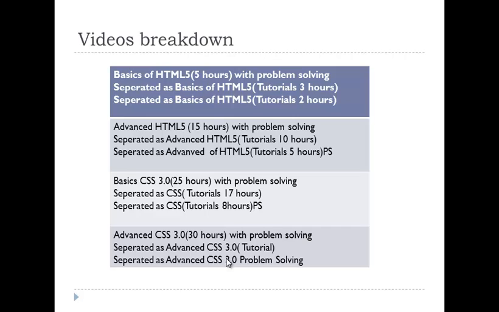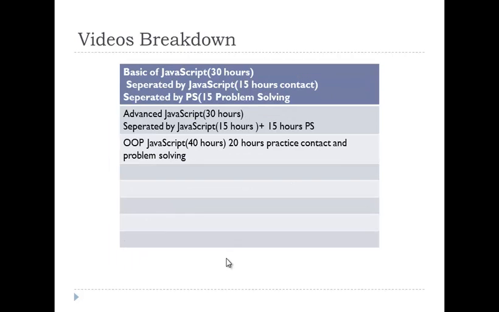It will be 5 hours, which I will break down as basics of HTML5, 3 hours tutorial, and problem solving for 2 hours. Similarly, HTML5 advanced 15 hours, basic CSS 3.0 25 hours, and advanced CSS 3.0 30 hours. We're going to take a look at basic JavaScript, advanced JavaScript, and OOP JavaScript.